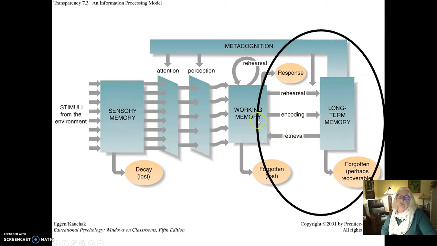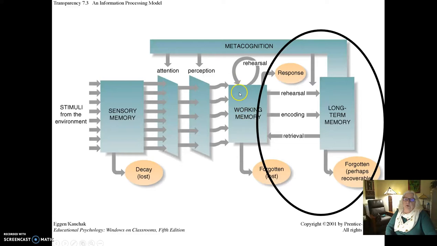And doing this over and over again might be a lot like rehearsal. The best kind of rehearsal, as is talked about in your textbook, is elaborative rehearsal, meaning you think about something in many different ways. So every time you think about it slightly differently, you're elaborating on it. You're expanding upon it. You're increasing the connections to that information.